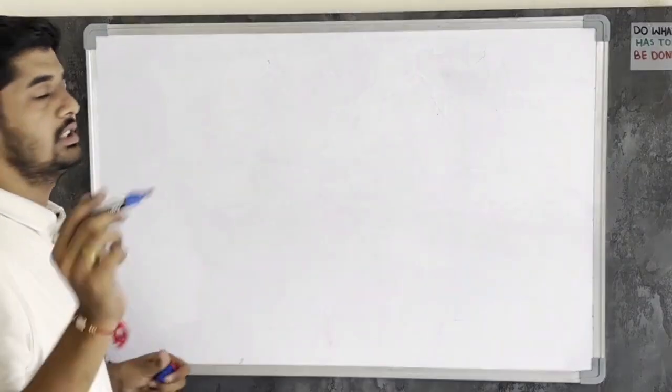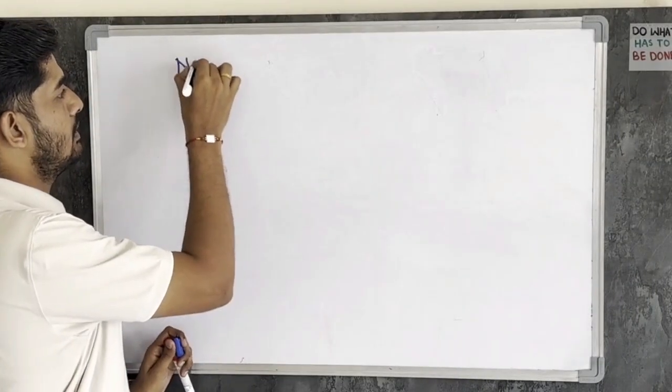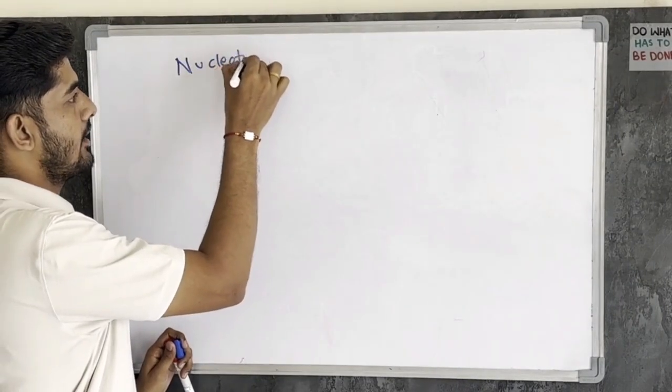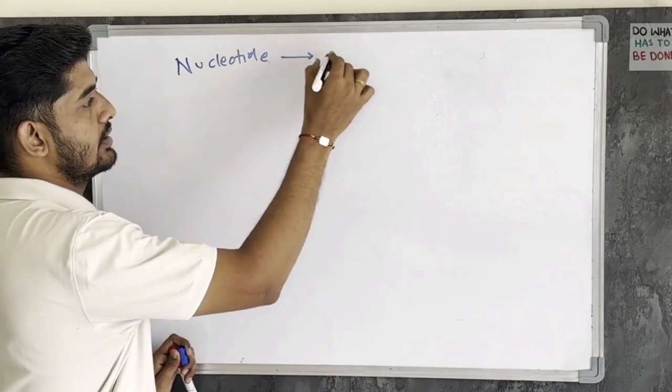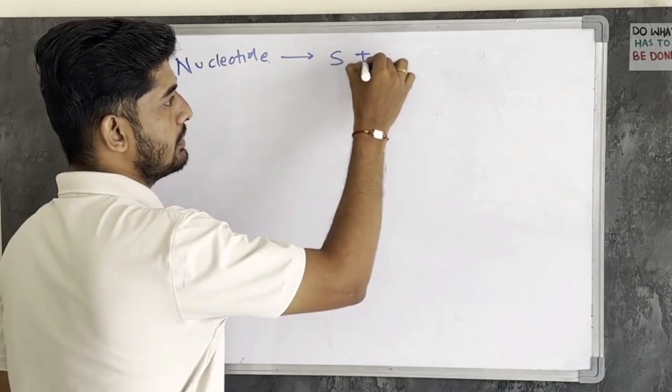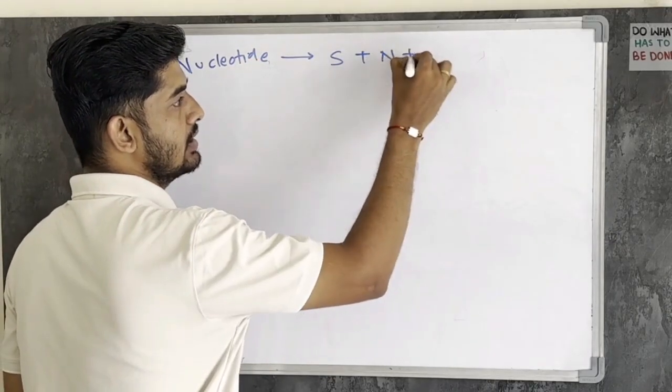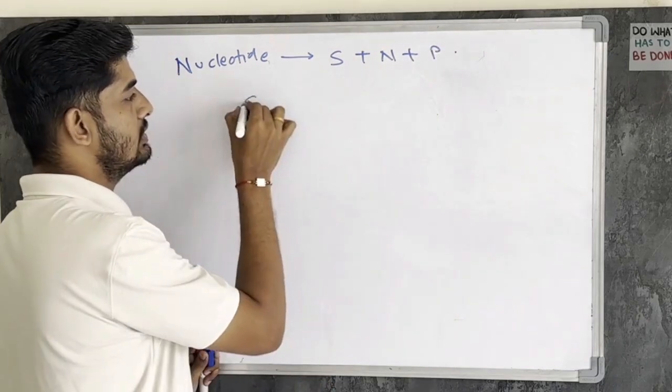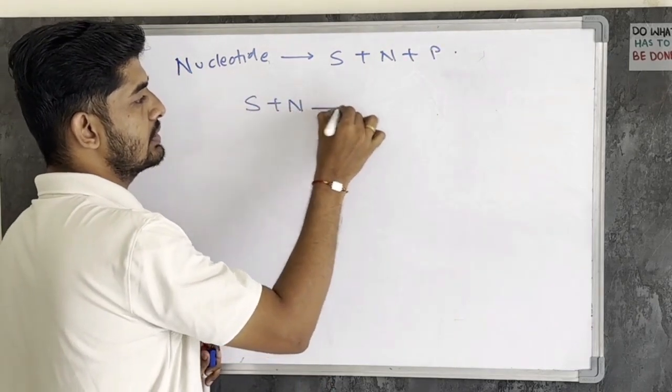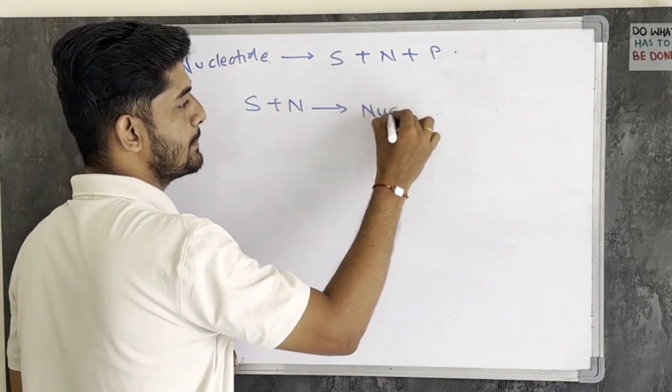The basic structure in the nucleotide is composed of sugar plus nitrogen base plus phosphate group. But when there is only presence of sugar and nitrogen base, it is called the nucleoside.